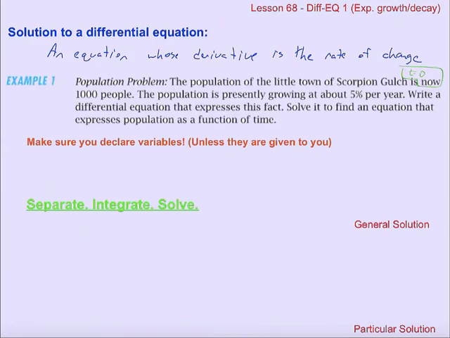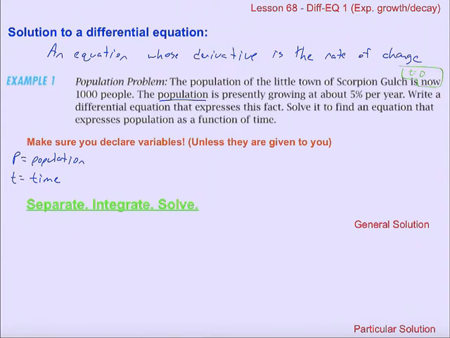So just like what we saw in the last examples, in the last video, we start with the variables and the differential equation. Don't even think about numbers quite yet. So what we're going to say first is the two variables that we have in this problem are the population of our little town of Scorpion Gulch and the time, which we're starting at time equals 0, but obviously that time is going to grow, and we're going to see how the population changes as time grows.